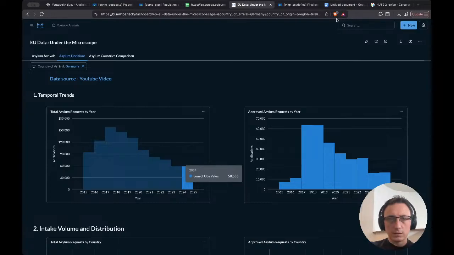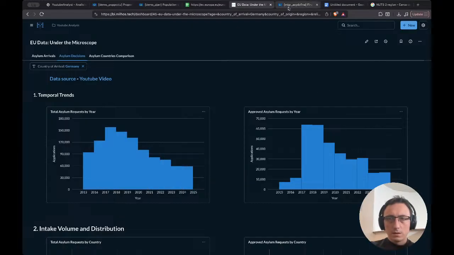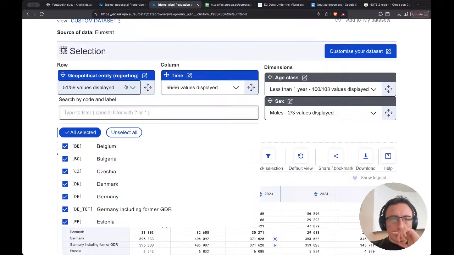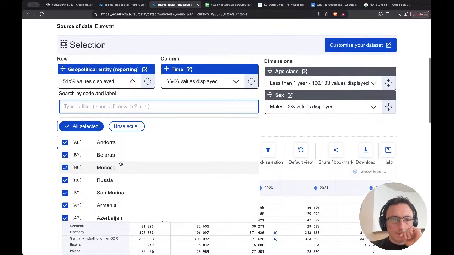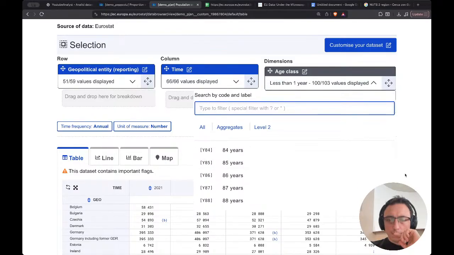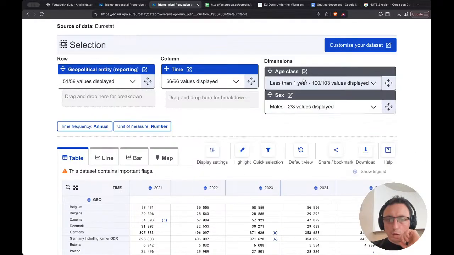This is an exercise for the next time. Anyway, we have all our data.